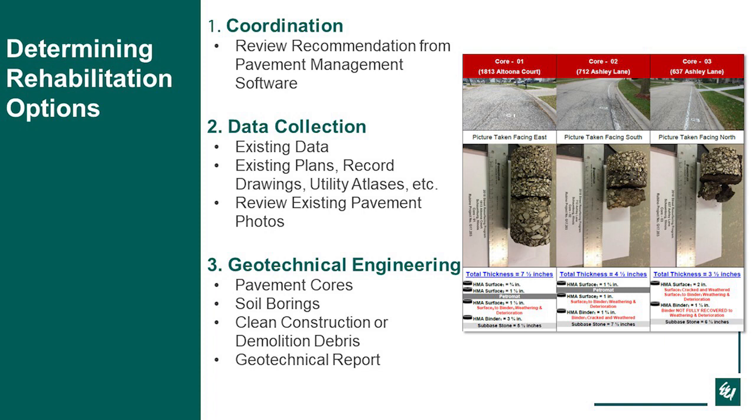And then obviously if you think you might have pavement reconstruction, you want to get soil borings to understand what the subgrade below the roadway is. You want to do your CCDD, or clean construction demolition debris, to make sure that you don't have any contaminated soil or any soil that needs to go anywhere. And then get your full report to be able to analyze what the existing subgrade and pavement conditions are.